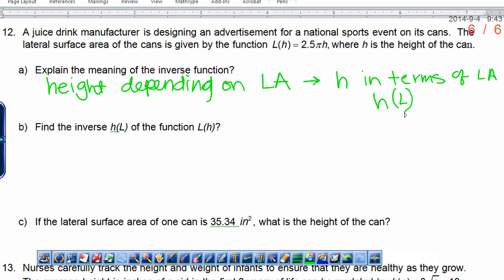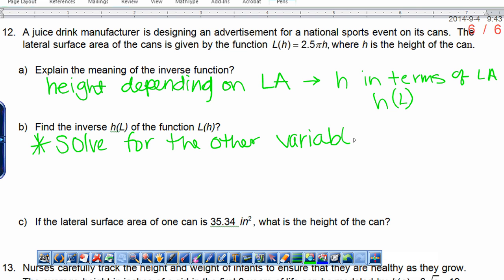Okay, so, whoa, all right, that's fun. So what we're going to do to find the height, to find the inverse, H of L, the height depending on the lateral area, and I would jot this down so that you remember, is you are going to solve for the other variable. So we start with the lateral area is equal to 2.5 pi h.